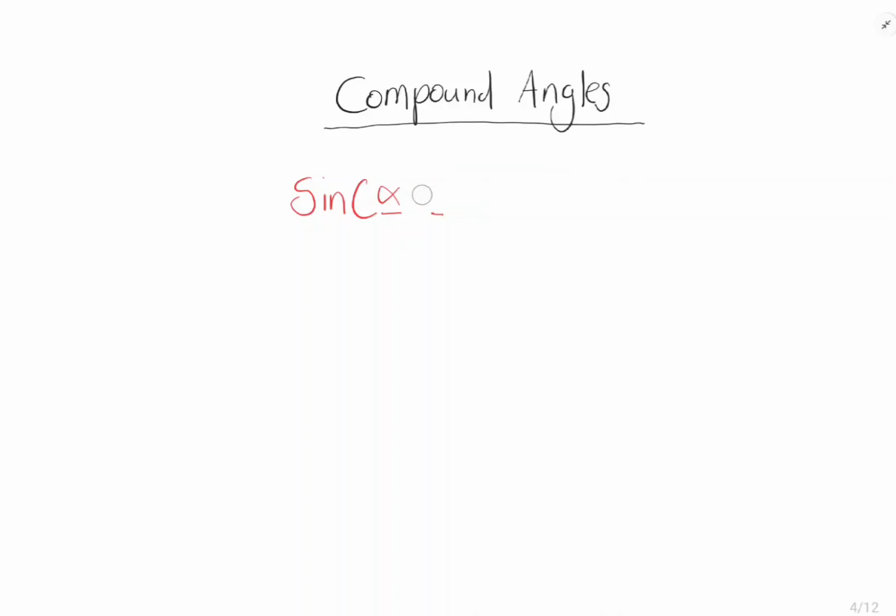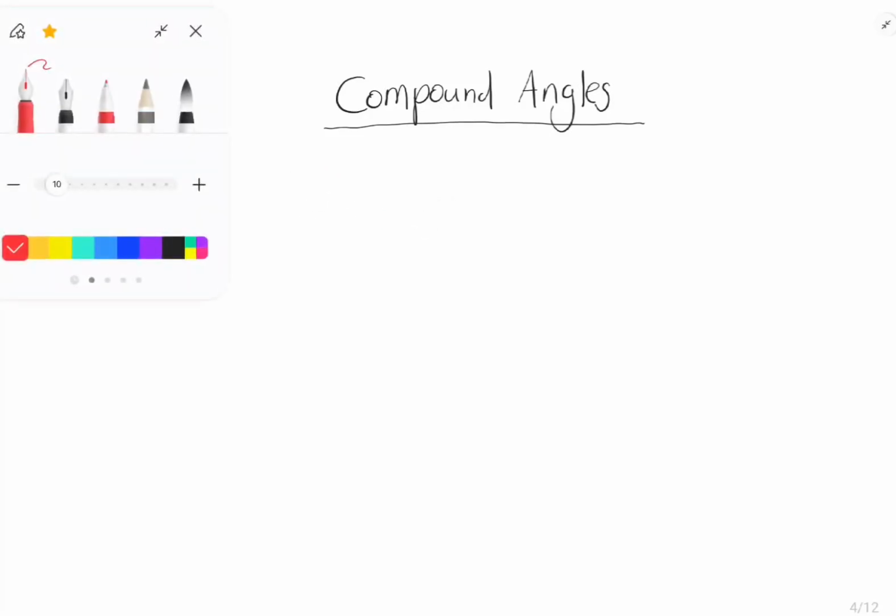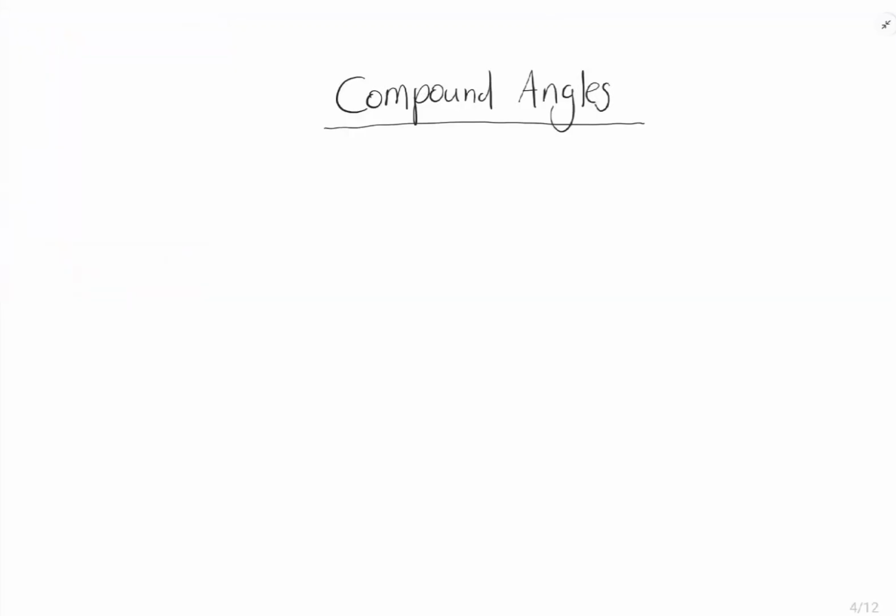So, what are the uses of compound angles? How are we going to use them exactly? Why do we want to know about them? Let us go back to our infamous CAST diagram. I want you to notice something.